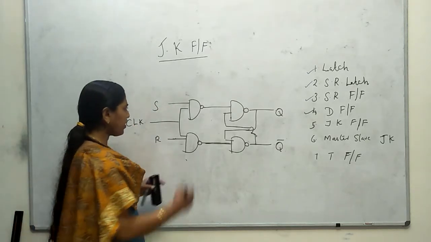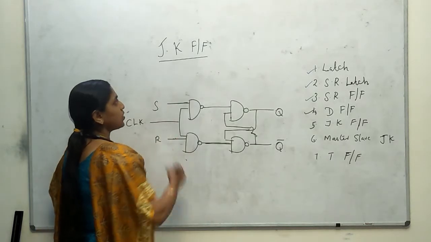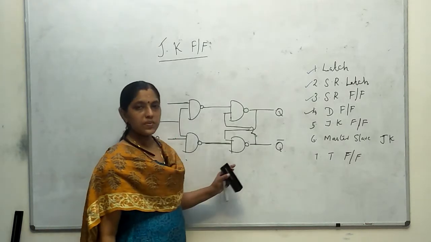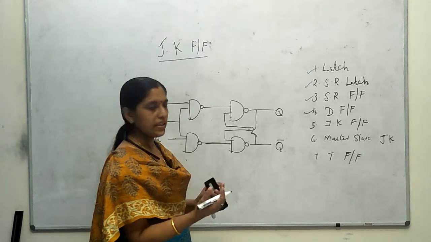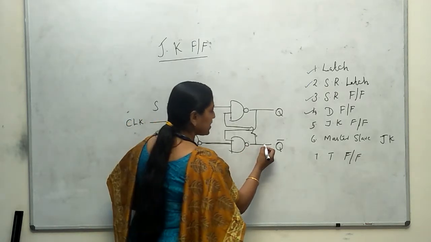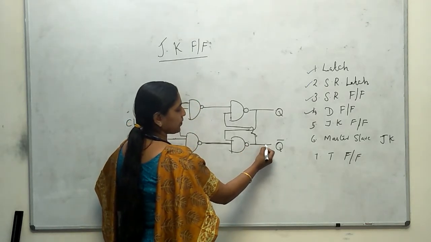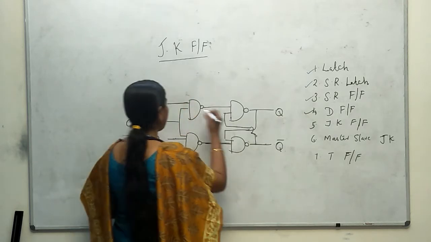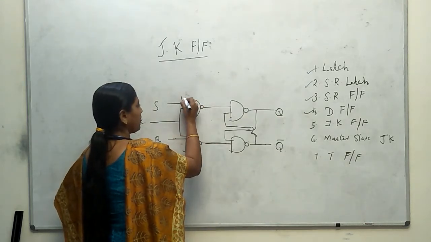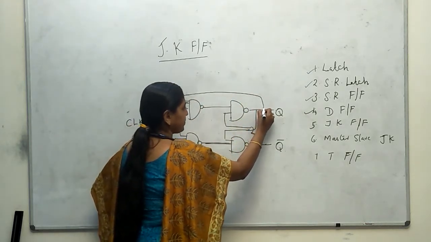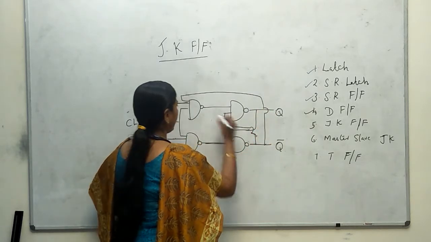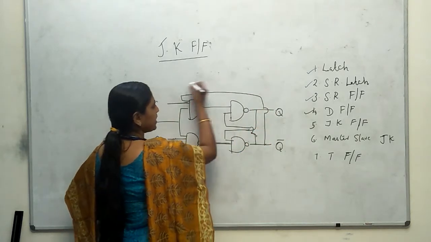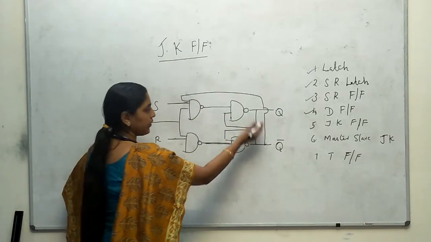The design of this circuitry has been changed a little bit. What they have done is this Q bar output is given as the input of this particular gate, as a feedback.